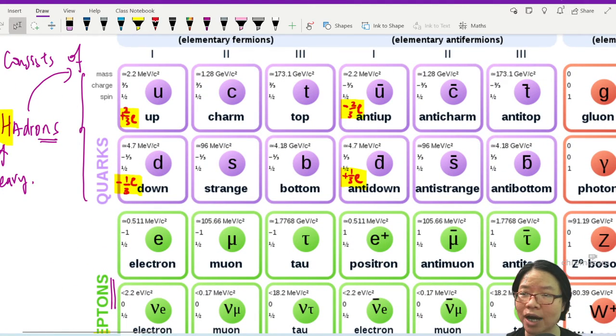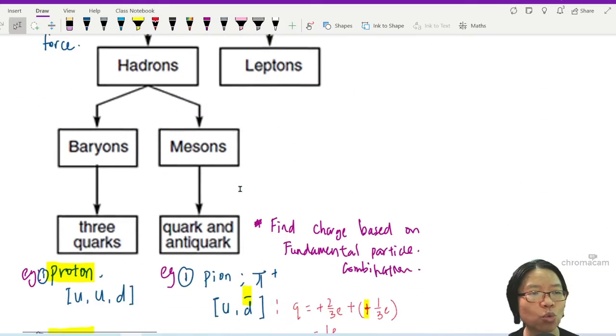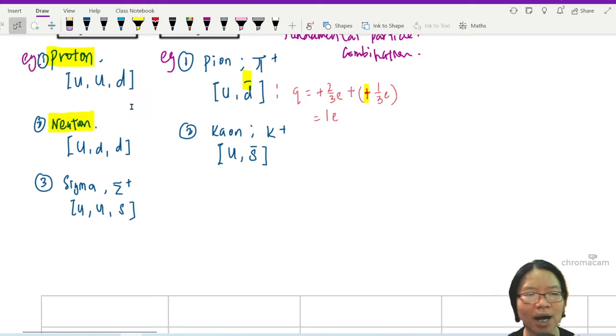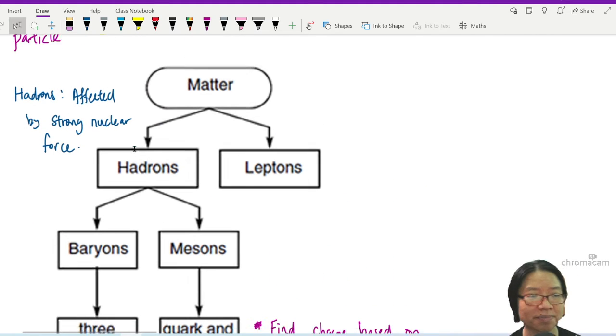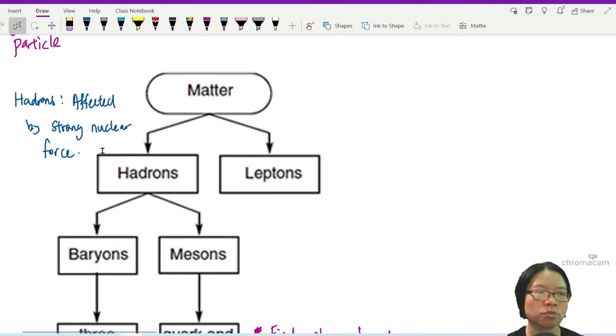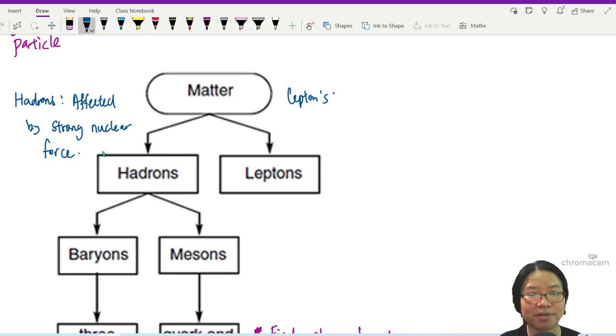You see my gluon up here. This gluon will glue the up, down, the up, down together. It's a force carrier. So leptons will not be affected by strong nuclear force. Because this is electron, so it's the electrons of the force. Okay, so not affected by strong nuclear force. In case they ask you to compare and contrast hadron and lepton, this is the main comparison.